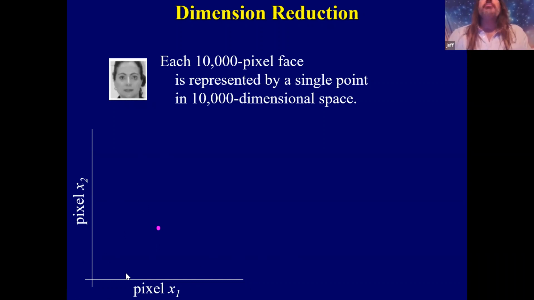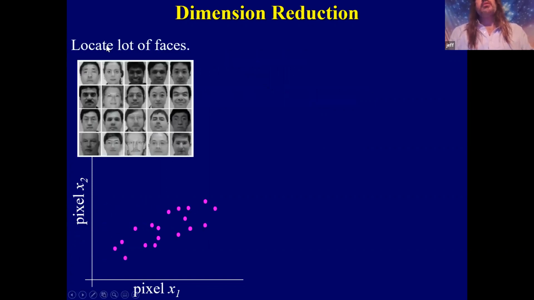What color the first pixel is is our first dimension, and then how bright the second pixel is, and so forth. We can get a dot. And then if we have lots of faces, those are lots of dots, lots of points in this high dimensional space.